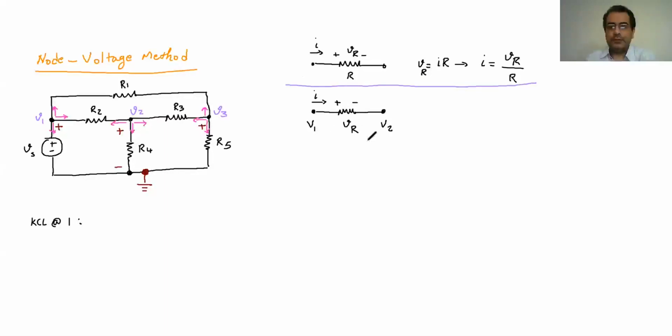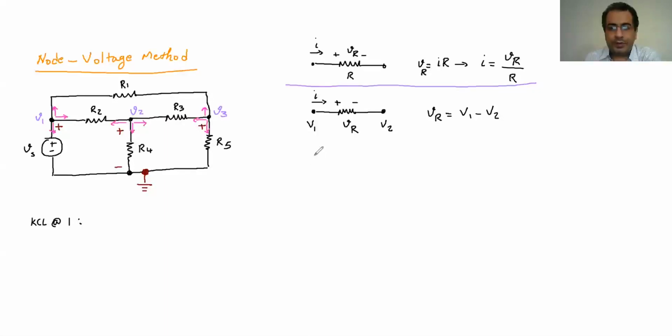The difference between V's, if you want to find VR, is the difference between V. So VR here is just V1 minus V2. I have V1, I goes from V1 to V2, then VR is the difference between V1 and V2.